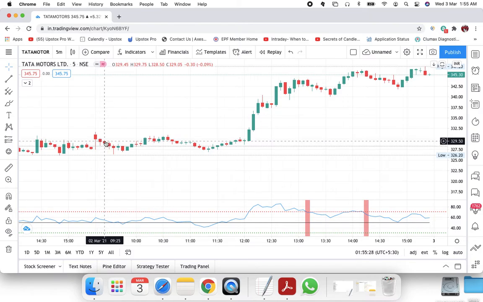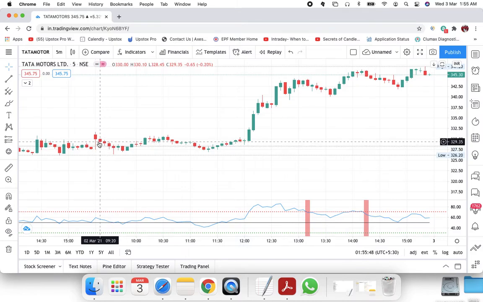And the third candle, the 9:25 candle, again confirmed that the trend is continuing, and the 9:30 candle also confirmed that the trend is continuing. So this close is being broken.